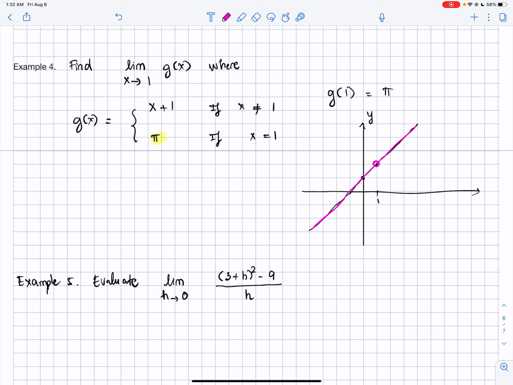And when x equals 1, g of x equals pi. Pi is like 3.14, so it's like this. So when you approach 1 from the left side and from the right hand side, from the graph, you can see that g of x approaches 2.